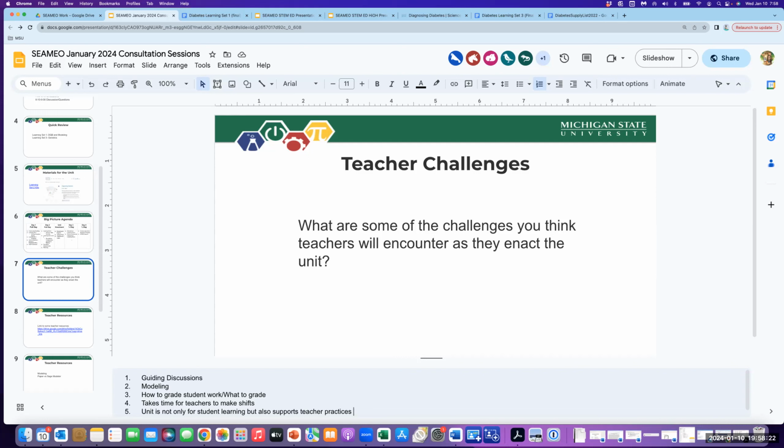So when you look at the standards and all of the practices, these students are experiencing, I think, 7 of the 8 practices, really going in depth. They're doing mathematical computation, so they're being exposed to all these practices that they can then take and use in other areas of science.